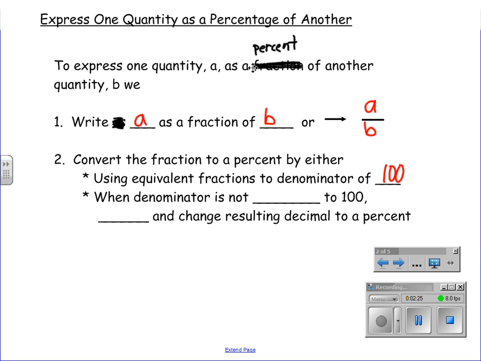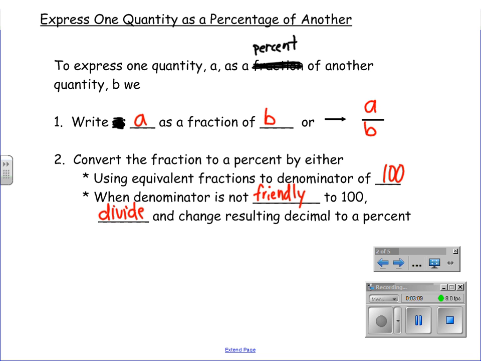But when the denominator is not friendly to 100, and lots of you remembered this on the percent pretest, what do we do, Jack? Divide, and change the resulting decimal to a percent, knowing that percent is hundredths.